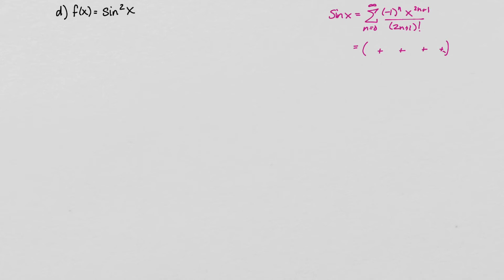If you remember way back when we were doing the techniques of integration, we could use the half angle or the double angle identities to rewrite sine squared of x. So sine squared of x is actually 1 minus the cosine of 2x all over 2. Does that vaguely sound familiar?